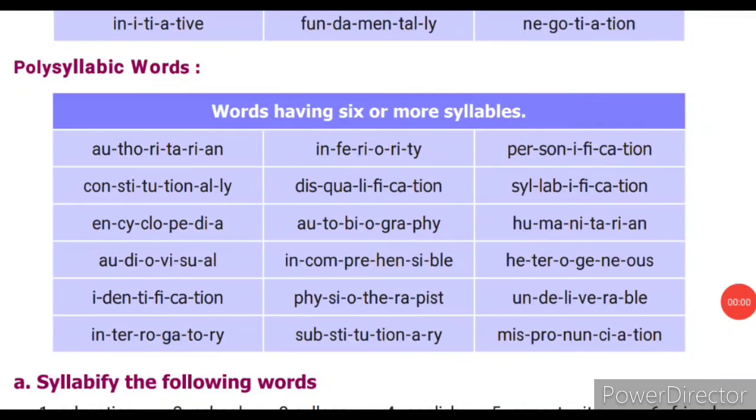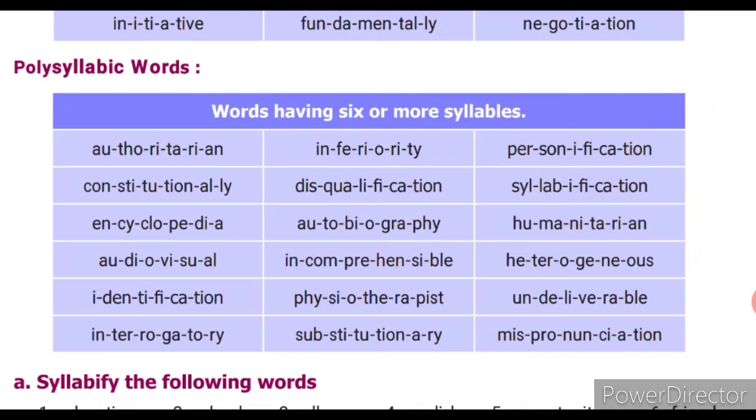Okay. So now let us see polysyllabic words. Words having six or more syllables are called polysyllabic words or multisyllabic words. Okay children, the first example given to you is authoritarian. Inferiority.